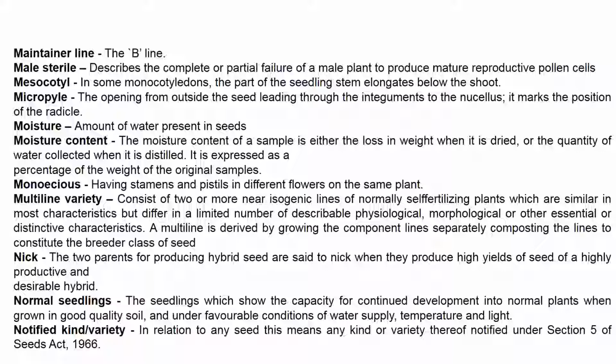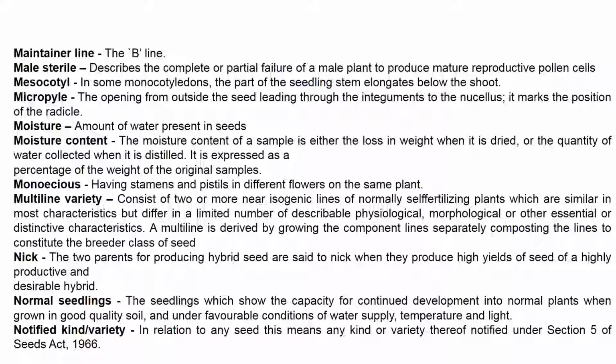Moisture. Amount of water present in seeds. Moisture content of the sample is either the loss in weight when it is dried or the quantity of water collected when it is distilled. It is expressed as a percentage of the weight of the original sample.